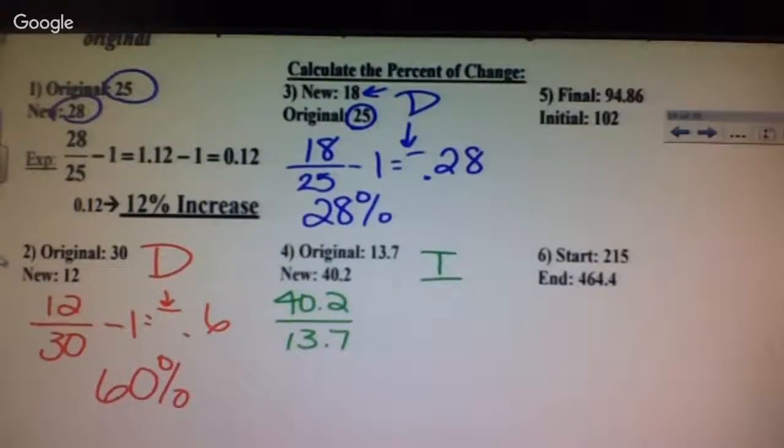Again, minus 1. 1.93. That's 193%. This is 93% over the original price. You're paying almost double what it's supposed to be.